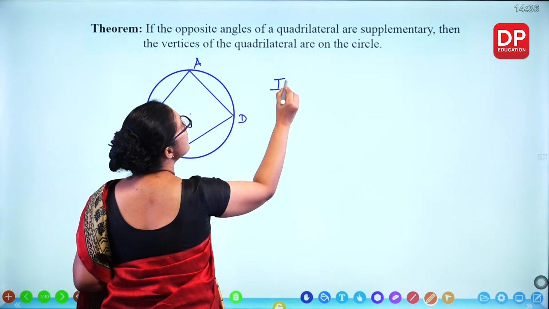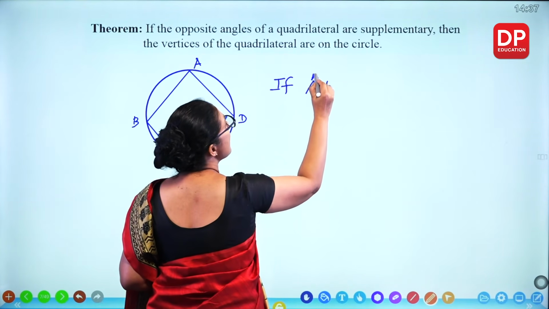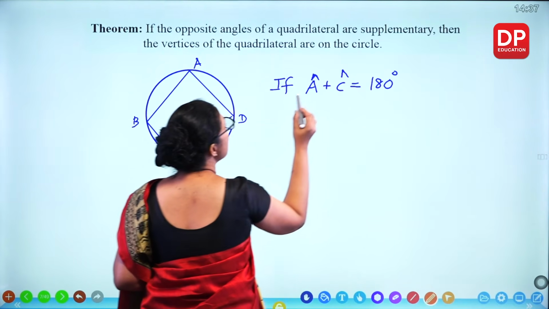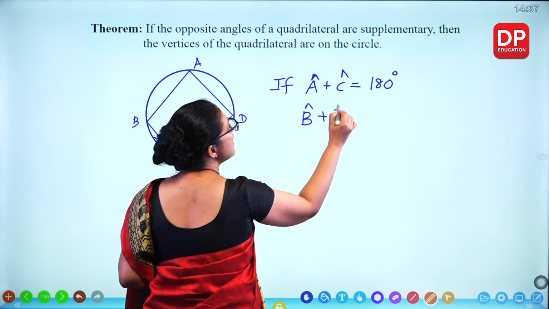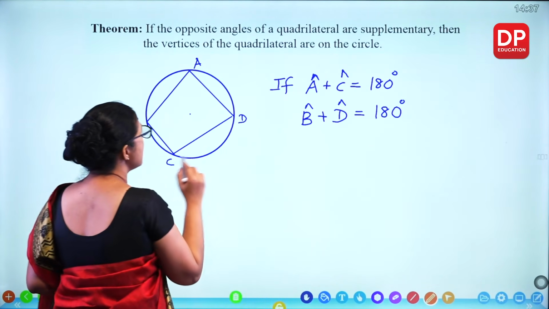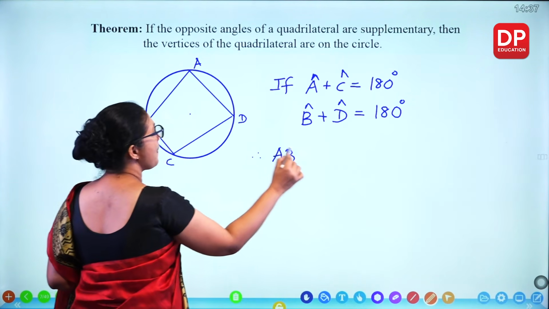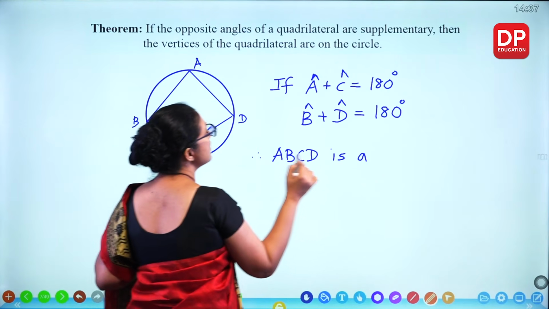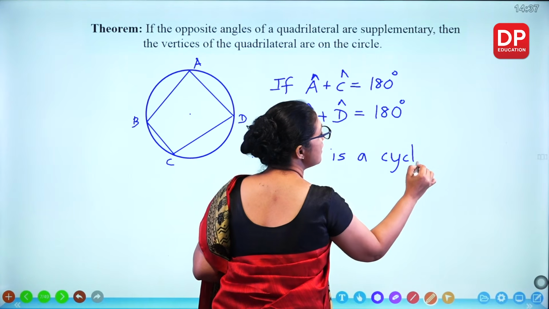If A angle plus C angle is 180, or B and D is equal to 180 degrees, we can say ABCD is a cyclic quadrilateral.